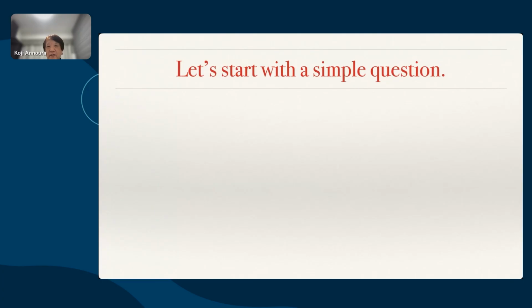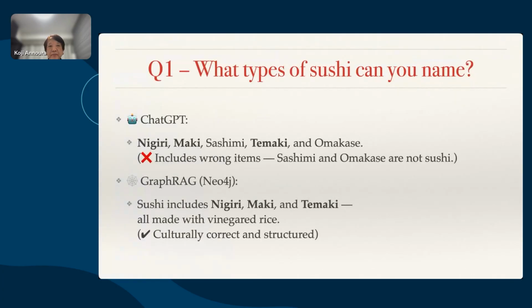ChatGPT and Neo4j. Let's start with a simple question. What types of sushi can you name? ChatGPT answered nigiri, maki, sashimi, temaki, and omakase. Sashimi and omakase are not correct.